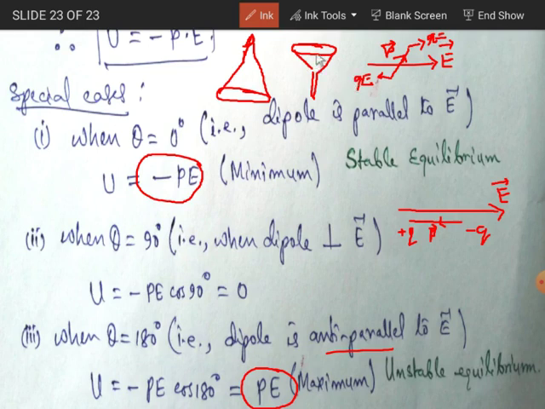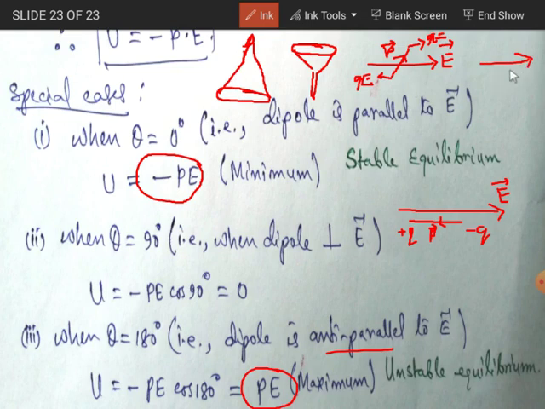Why? Because the potential energy in this case is maximum. So this is a case for unstable equilibrium, and this is a case for stable equilibrium.